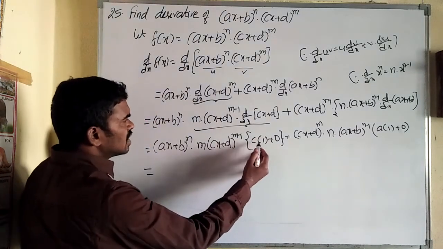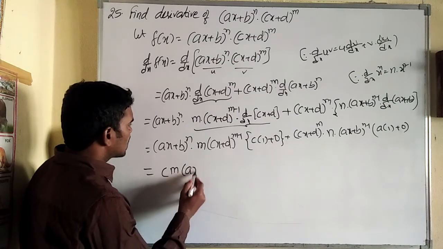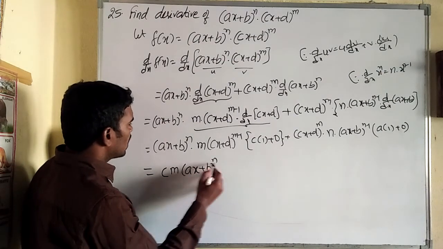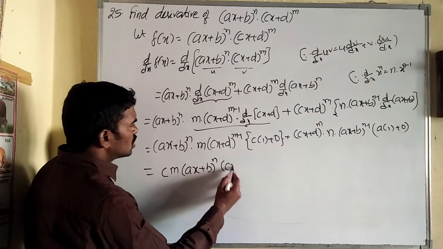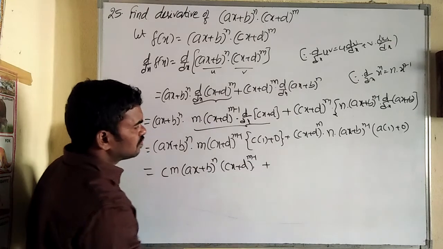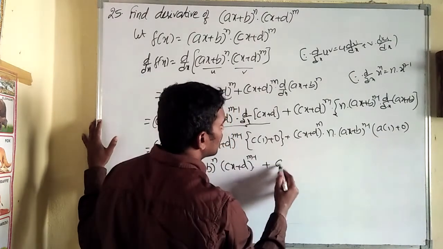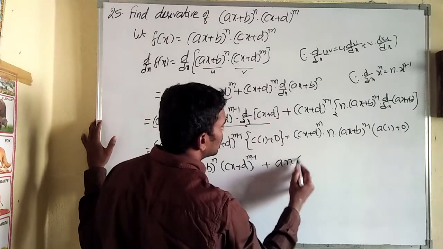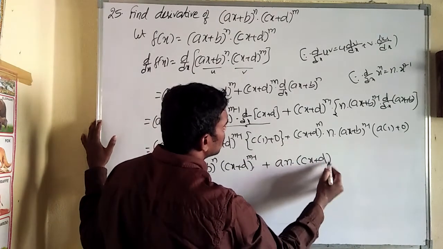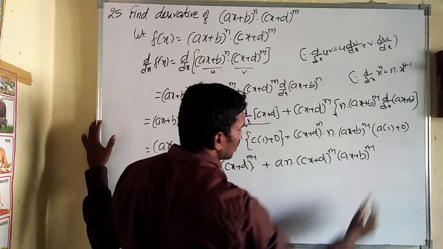C into 1 is c, so c into m: cm (ax plus b) whole power n into (cx plus d) whole power m minus 1, plus here a into 1 is a, plus 0, a into n into (cx plus d) whole power m into (ax plus b) whole power n minus 1.